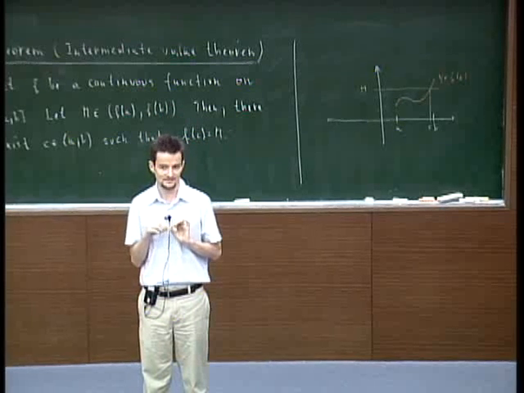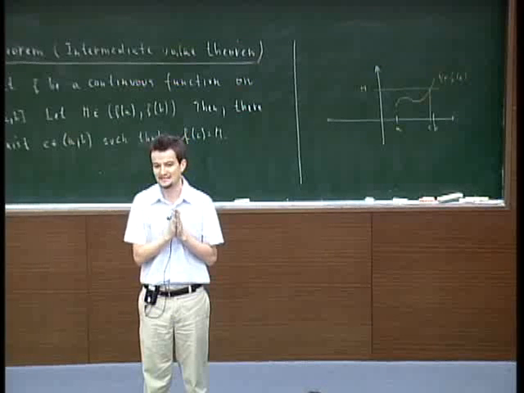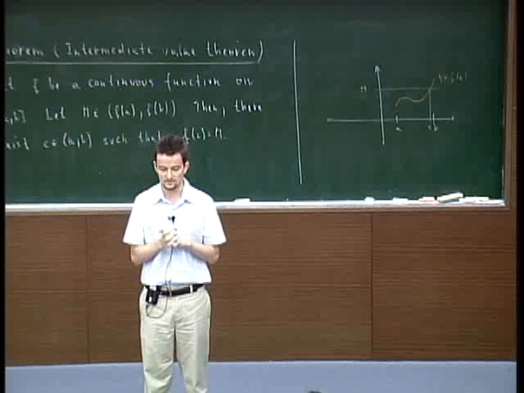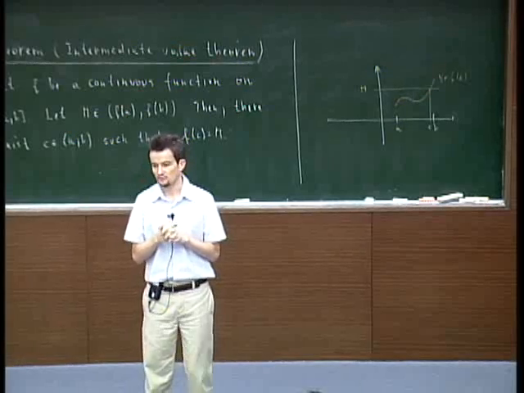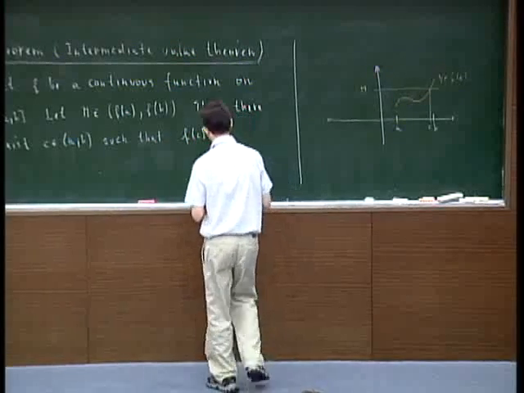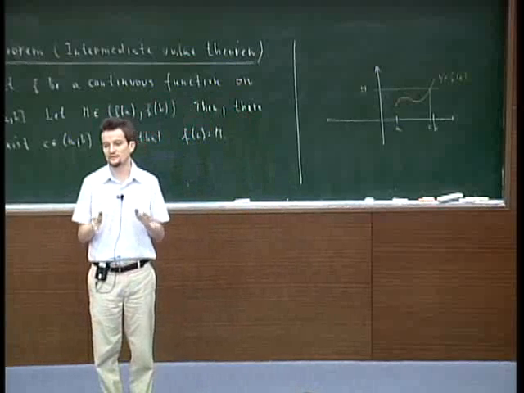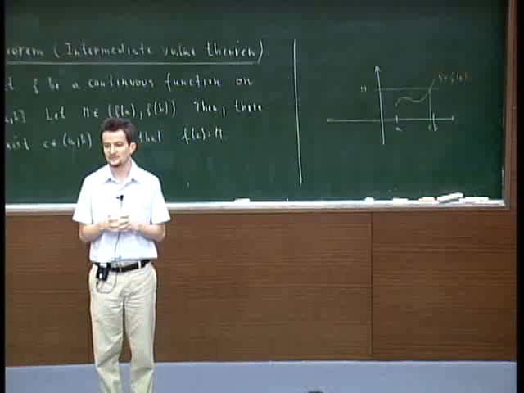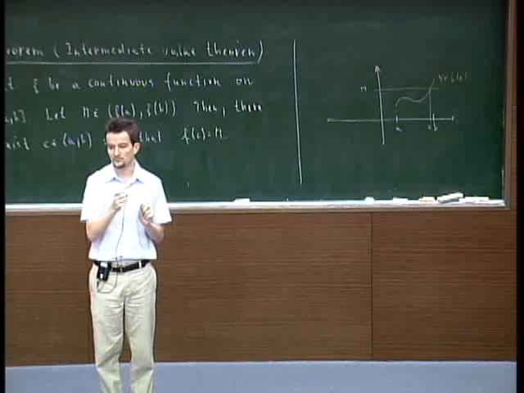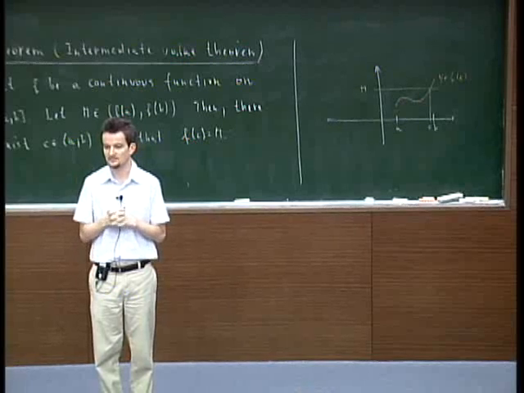This is too complicated. If we want to prove it, we would have to look at things in much more detail. You normally prove this in classes on real analysis. So for us it's more important what the consequences of this result are. As I said already, the main consequence is that you can think about the continuous function as a function where you can plot the graph without lifting your pencil, kind of, because of this result here.